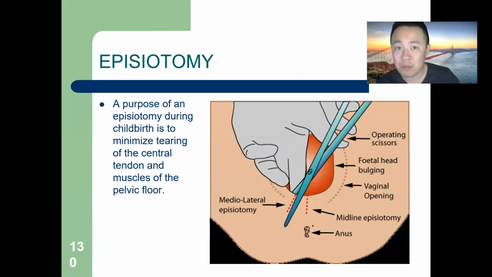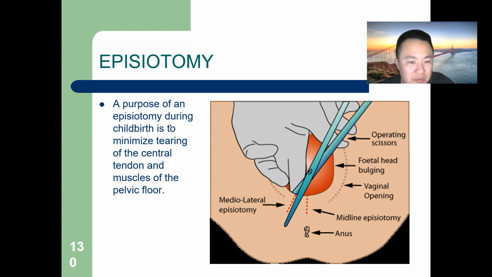If the skin is weak as the baby comes out, it might tear into the anus, and E. coli cells will eventually travel there, and that's no good. So the physician will make an incision off to the side, away from the anus, not toward it.